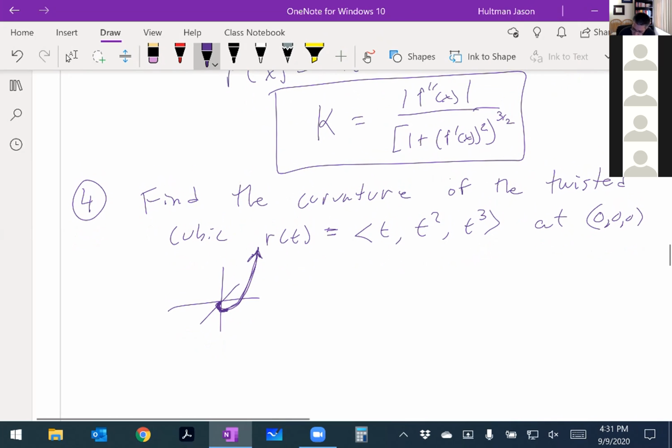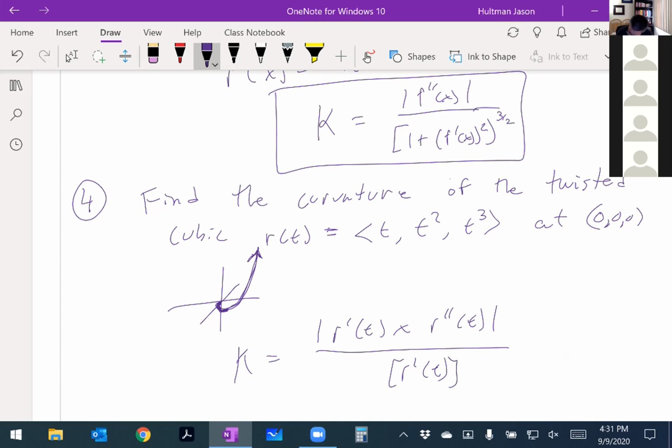Okay, so we want to find the curvature with respect to the formula that we just had. The curvature is equal to the magnitude of r prime of t crossed with r double prime of t, all over the magnitude of r prime of t cubed, right?